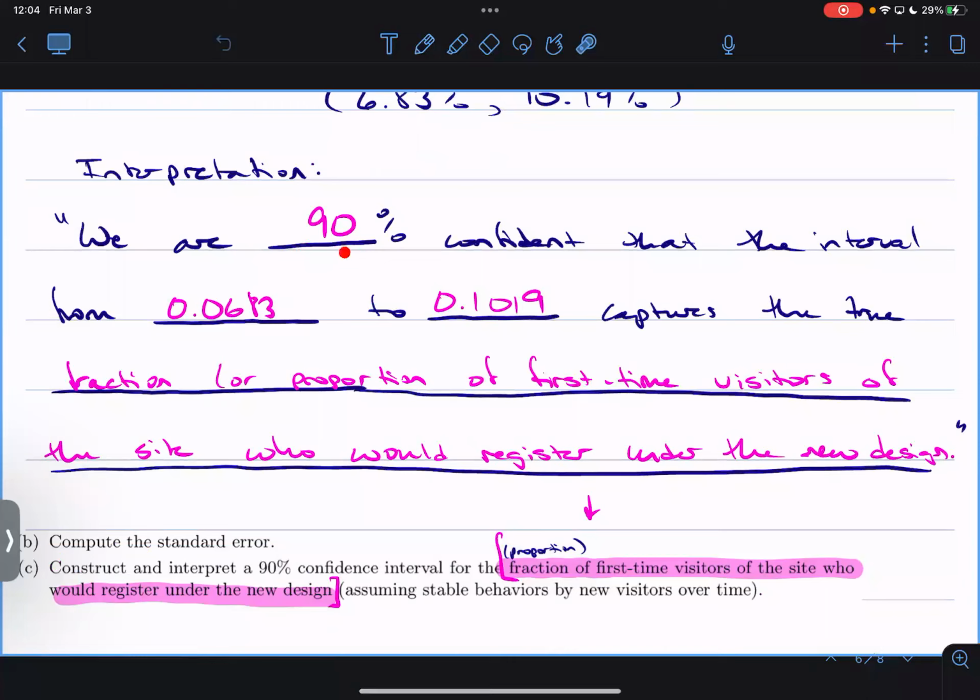So we're 90% confident, in this previous example from just last day, that the interval from 0.0683 to 0.1019 captures, so that's that idea that we don't know what the population proportion is, but we're trying to get a good idea of what it might be. And so captures the true fraction or proportion.